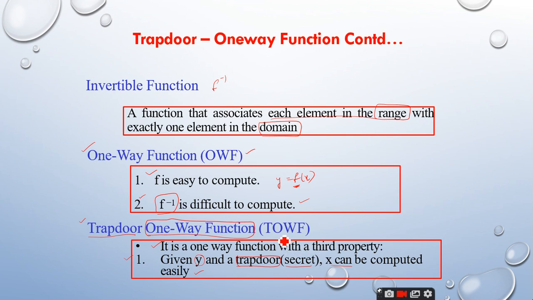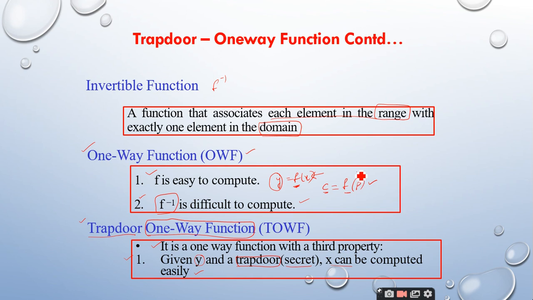The concept you should understand is, assume that this is the ciphertext and this is the plaintext. You generate a ciphertext from the plaintext, for example, like this. This can be easily calculated. That is how f should be defined.